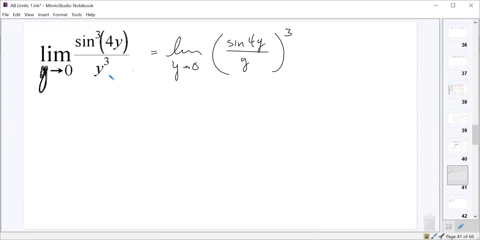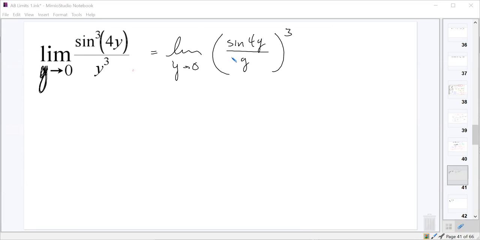We're cubing the numerator and we're cubing the denominator, which means we've effectively cubed the entire fraction. Now, in a minute, we have a rule where we can take the cube that's around the entire argument of the limit and pull it outside the limit, which we'll do in just a second. But we also need to be able to simplify the sine 4y over y down. And what do I need to put in the denominator in order to do that?